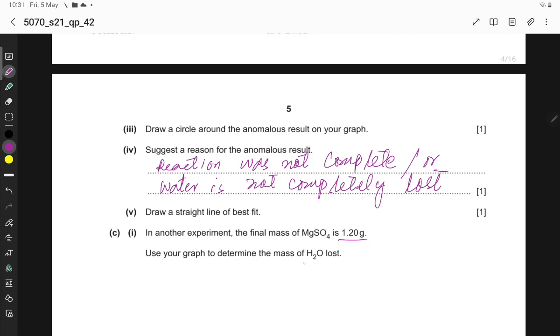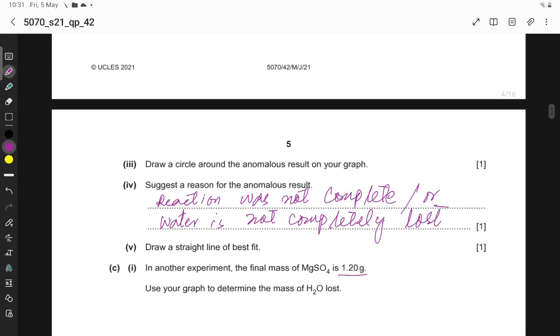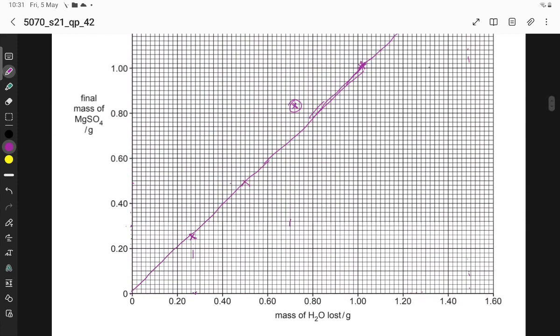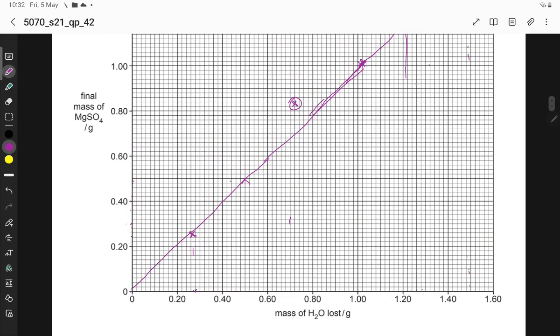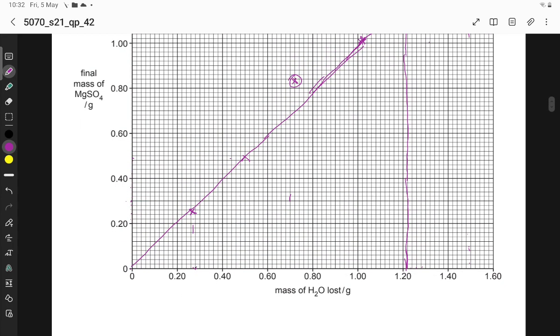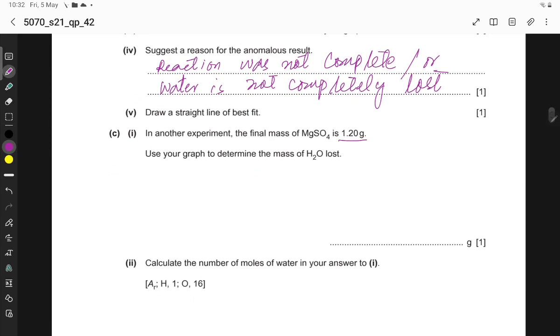Use your graph to determine the mass of water lost. So this is 1.20, roughly 1.22 gram.